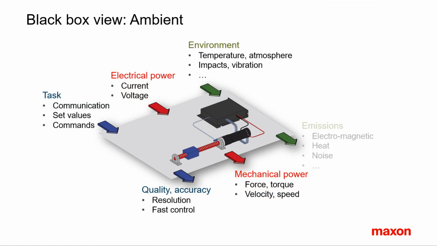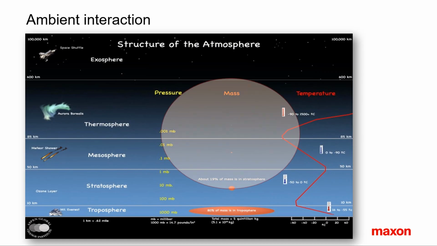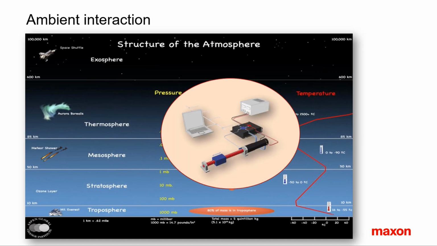The last black box consideration of our application covers environmental aspects and boundary conditions. Generally, the interaction and interference with the ambient. On one hand, any system has emissions that influence and even disturb the environment and surrounding.